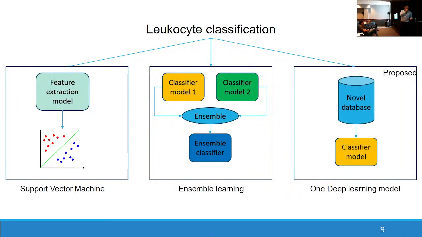So here we propose a new method solving the task of leukocyte classification using only one classifier model and with a novel database that I was talking to you about before. So, why take just one classifier model? In order to, in future work, implement that model on an embedded system, and as we know, we have fewer computational resources in an embedded system.